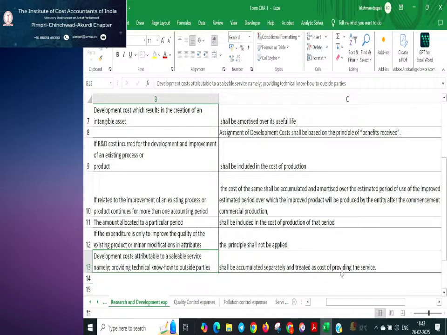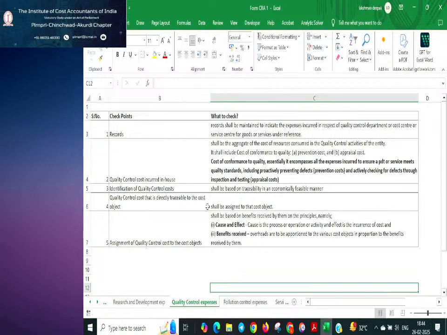So there are different types of R&Ds. It could be in the existing product, or modification in the process, or a new software or any idea that you generate and sell to other customers. So that can also be the case in R&D.